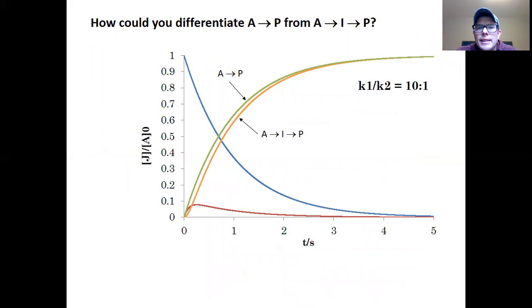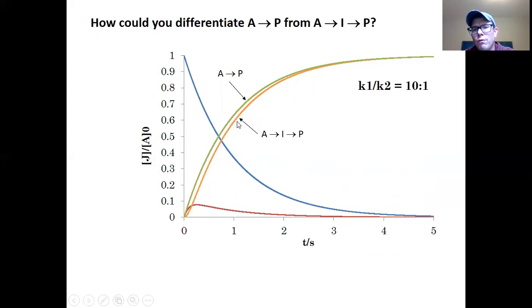Last but not least, I could consider two different mechanisms, A to P or A to I to P. How could I differentiate those two things? How would I know that it goes directly from A to P versus A to I to P? If you look at these results, if you had the same sort of rate constants, they're really not that different.